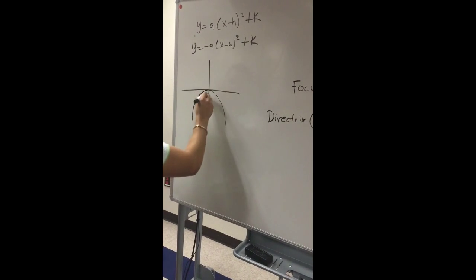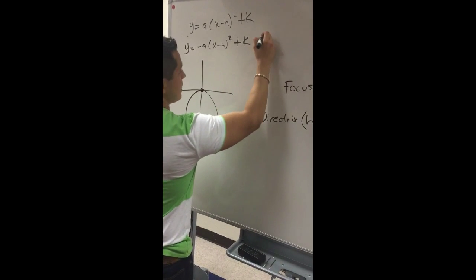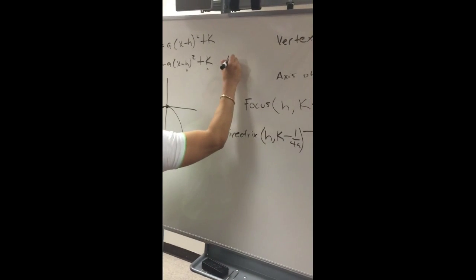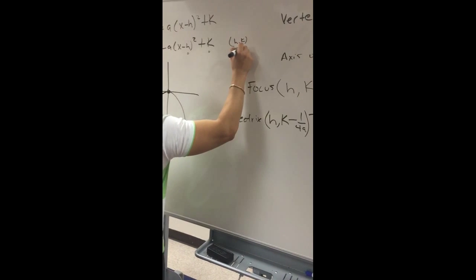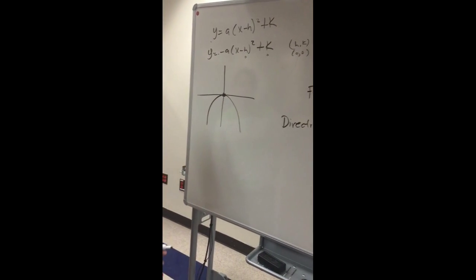The vertex is going to be exactly the same. It's going to be right here, because we mentioned that we're going to pretend that h is 0 and k is 0. So h, k is 0, 0. And the vertex stays like that.